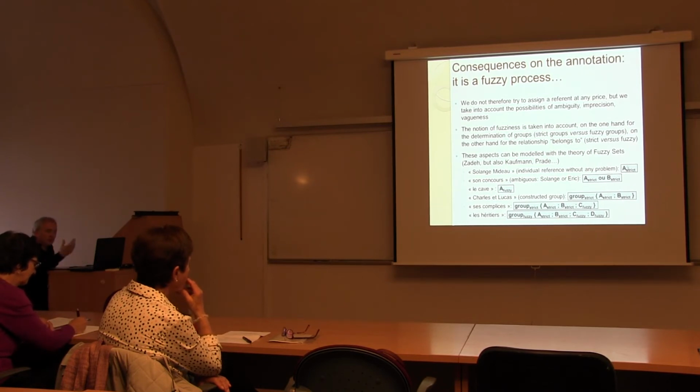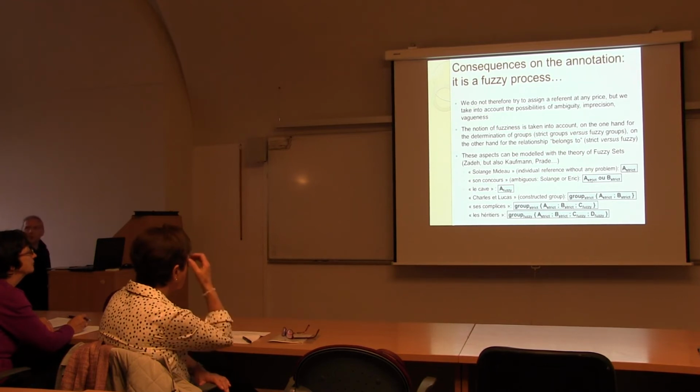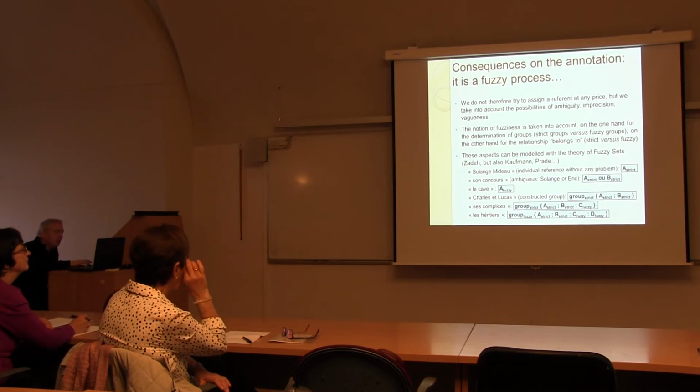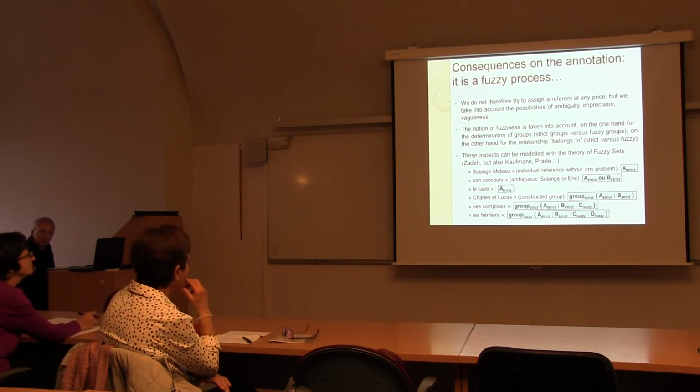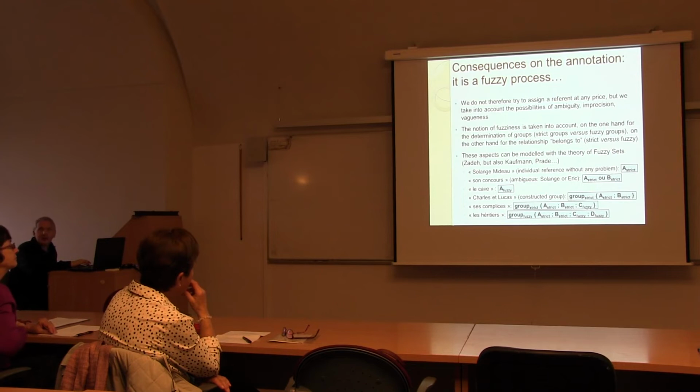We have some interpretations that correspond to a strict group, a strict individual, to an ambiguity between two strict interpretations, to a fuzzy interpretation, fuzzy individual or fuzzy group, to a strict group with strict elements, a strict group with some strict elements and some fuzzy elements, for those we don't know exactly if they belong to the group or not, and the most complicated case, a fuzzy group with fuzzy elements also.